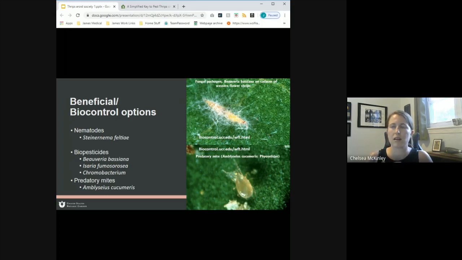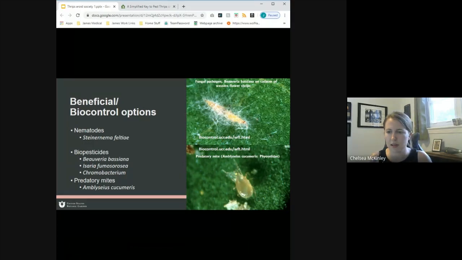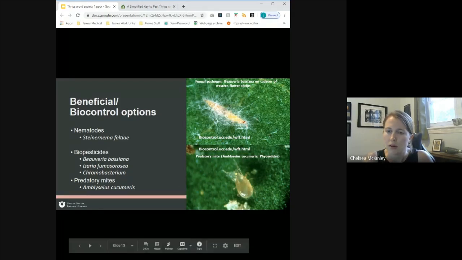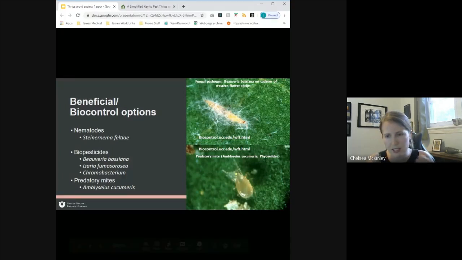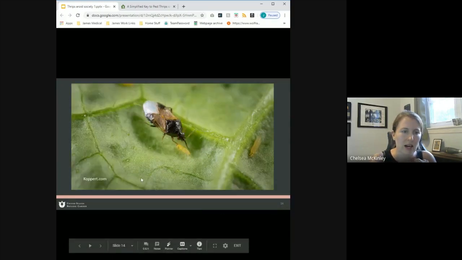They feed on the larval stages, the smaller stages of the thrips, and they just crawl around and nom on whatever thrips they come in contact with. They're also safe around kids and pets too. They're pretty great.